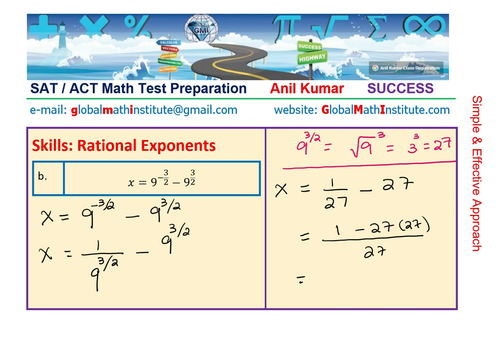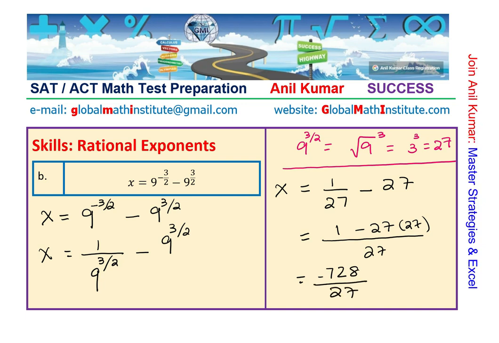So we have 1 minus 27 square. You may use calculator. It is minus 728 over 27, correct? So go through these very simple steps, which help you to understand how do we evaluate rational exponents.